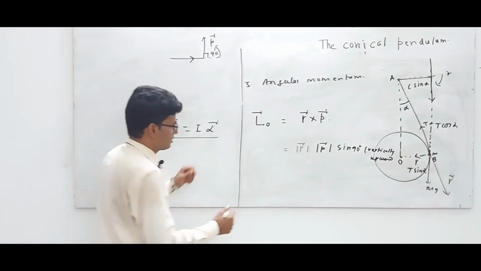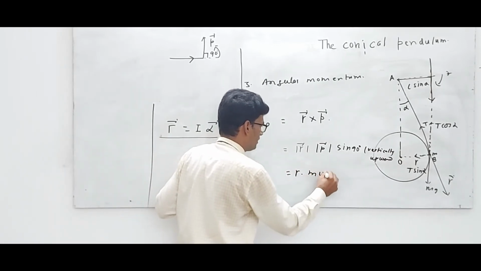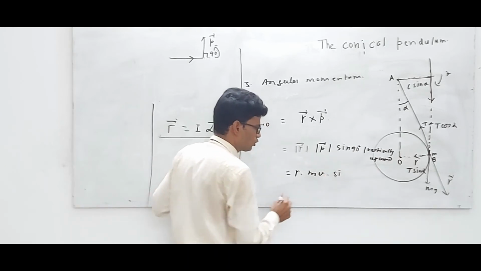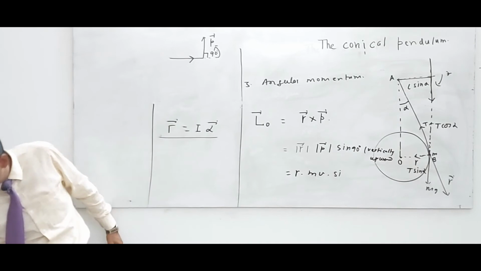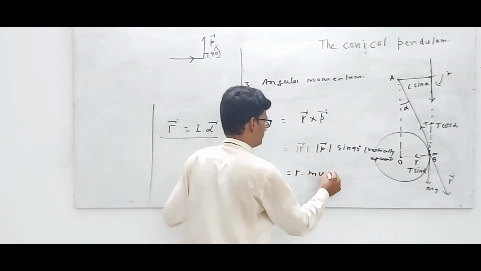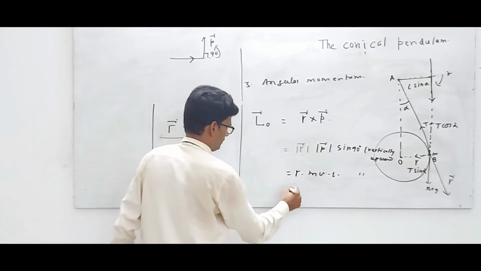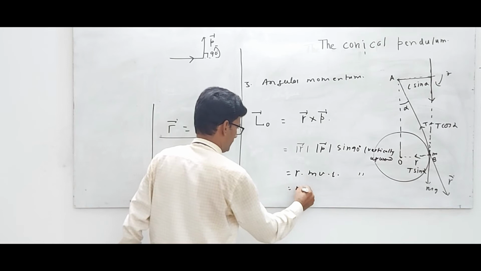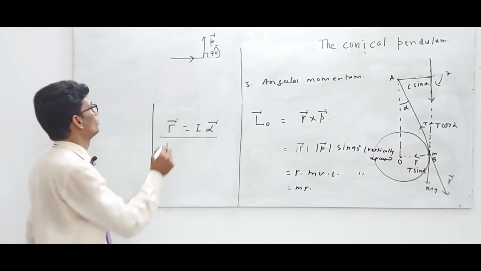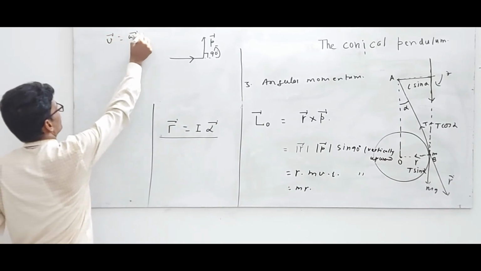So what is this L? This p is mv sin 90 degrees, and sin 90 degrees comes out to be 1. And the direction is as m v, the velocity. Look here, the velocity is omega cross r.